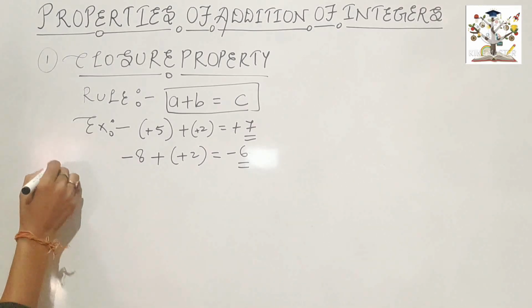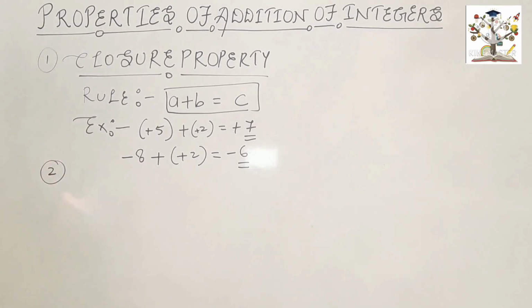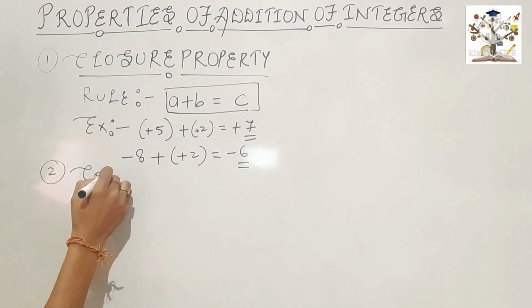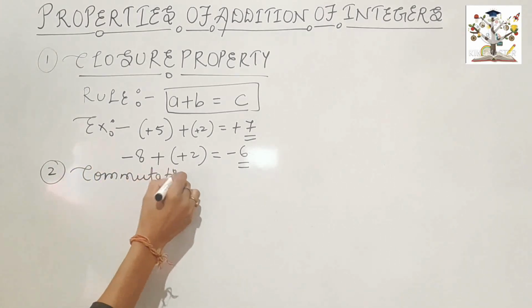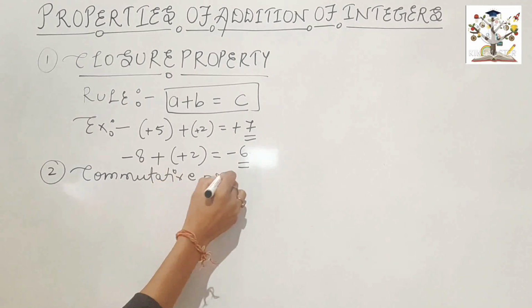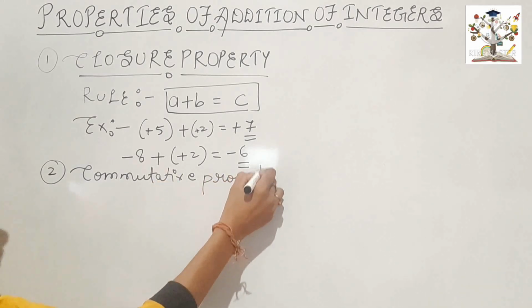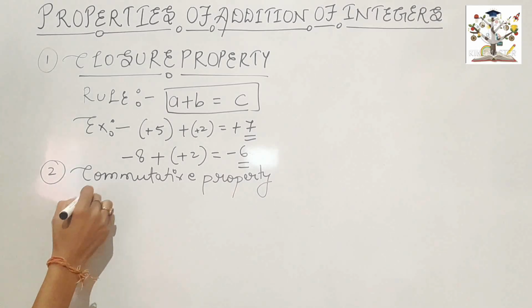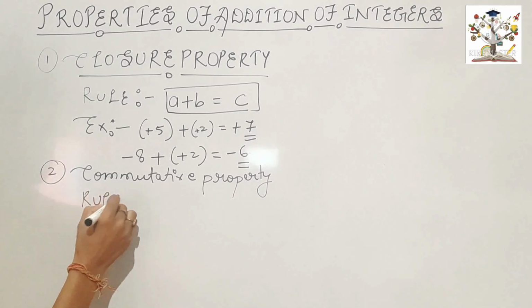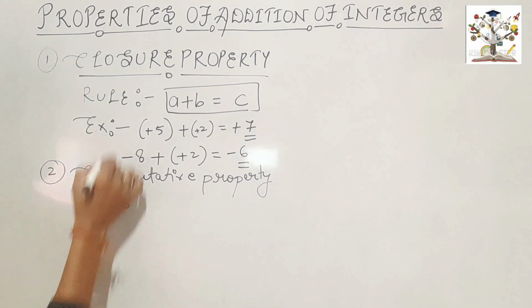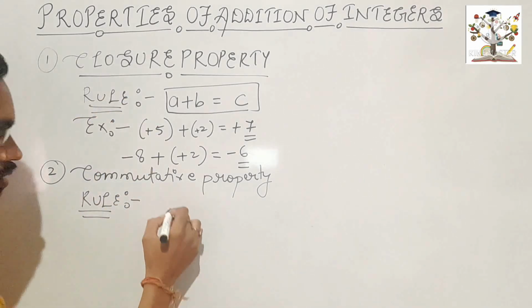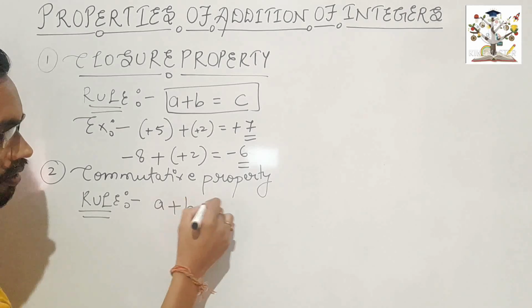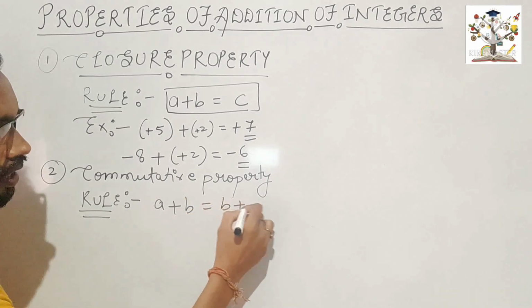Coming to the next one. The next property is commutative property. What is the rule for this property? The rule is, suppose I write a plus b is equal to b plus a.